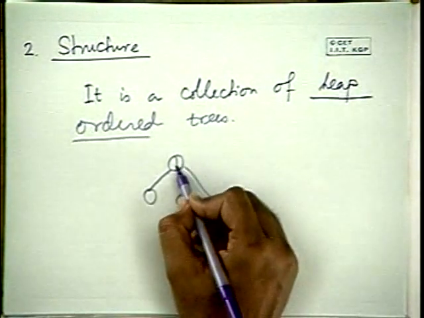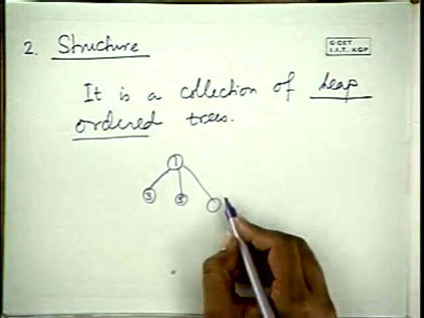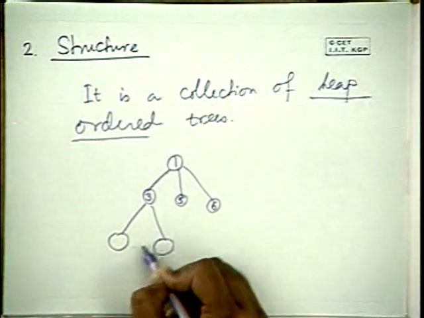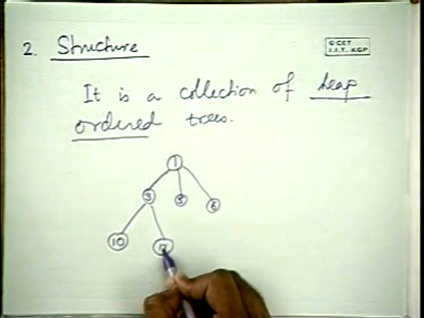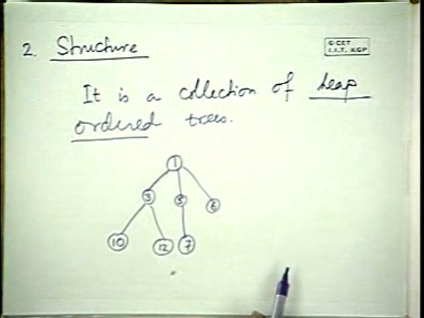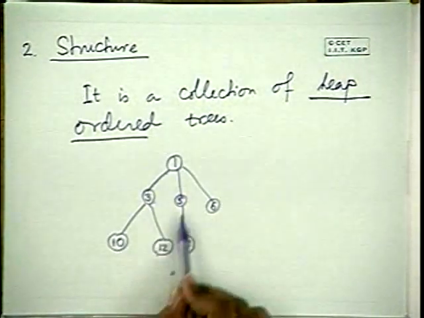Say I have 1 here, 3, 5, 6, 10, 12, 7. So this is a heap ordered tree. Every node has less than the values of its children.